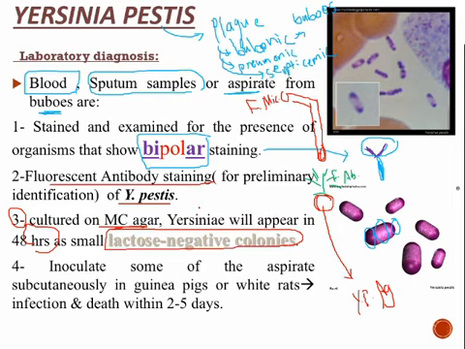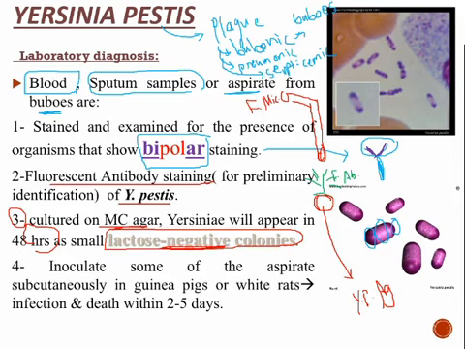In this case, Yersinia pestis is non-lactose fermenting, so it shows creamy colonies like this, lactose-negative colonies. But if you remember, lactose-positive colonies, those which cause lactose fermentation, show up as red or pinkish colonies on MacConkey's agar.